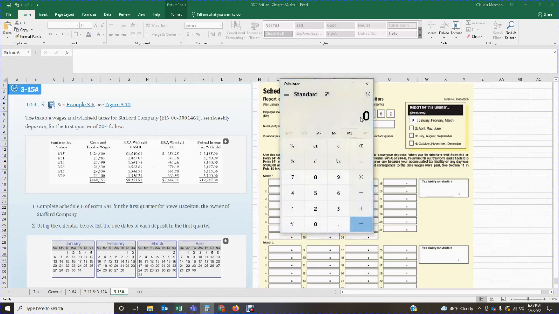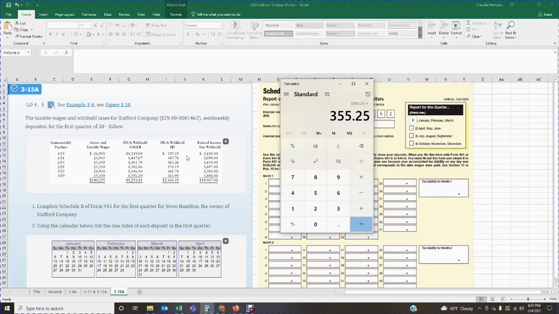Okay, so let's look at the 15th. I know that for that payday, we withheld $1,519 for the employees. I'm going to add another $1,519 for the employer. And then I'm going to get my HI. I know that we withheld $355.25 from the employees, and the employer has to match it, so we're going to add another $355.25.